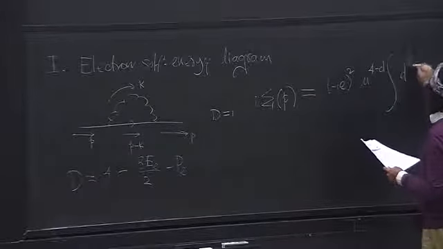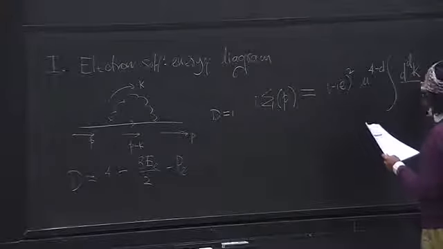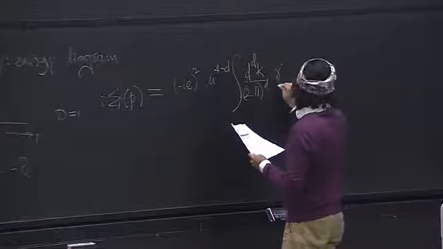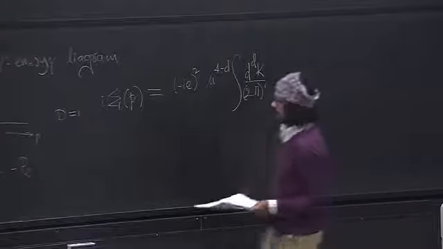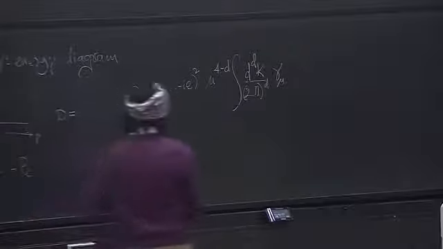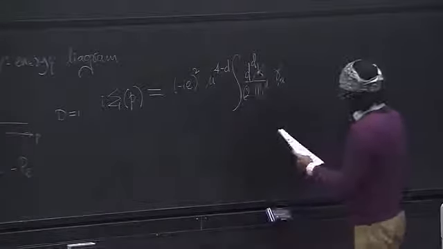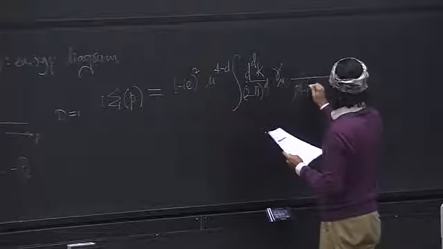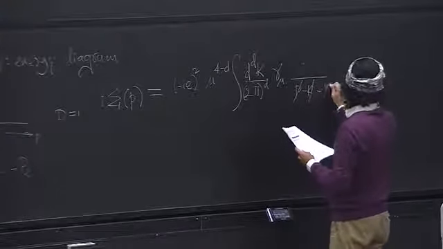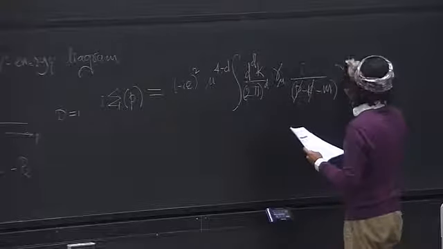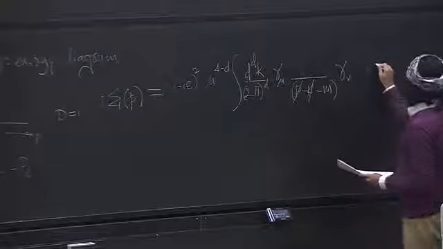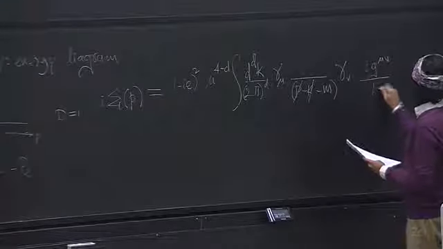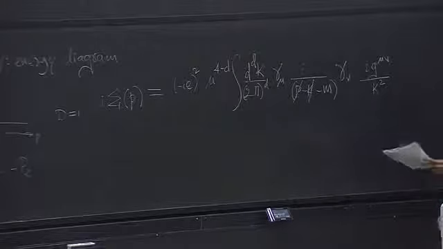And then you have an integral over the undetermined momenta. That vertex gives you a gamma mu, and then the fermion propagator and the other vertex. And because we are in the Feynman gauge, this is our photon propagator. Okay.